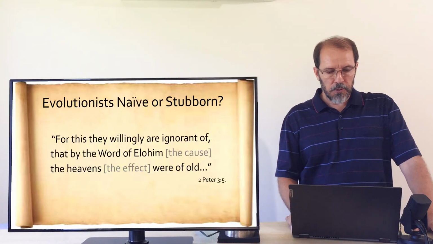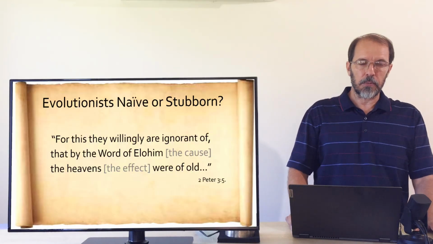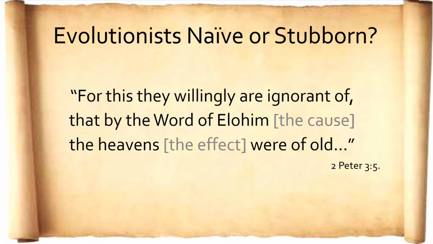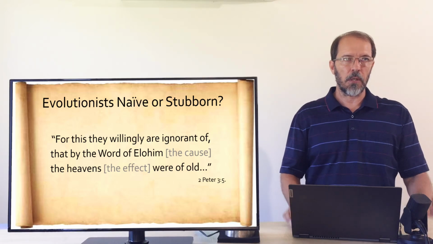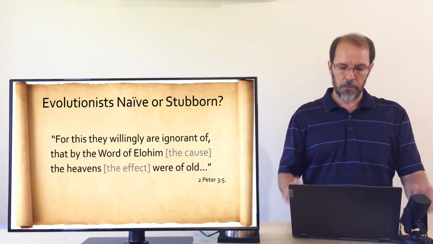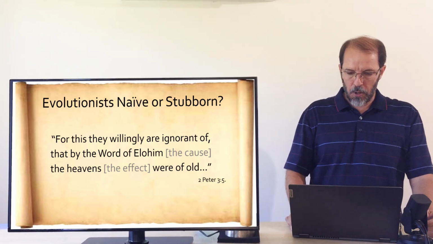Why are these evolutionists so naive and stubborn? 2 Peter 3 says, "For this they are willingly ignorant of, that by the word of Elohim," that's a term for the Messiah, meaning the cause, "the heavens were of old," the effect. They are confusing cause and effect, and they believe their own lies.